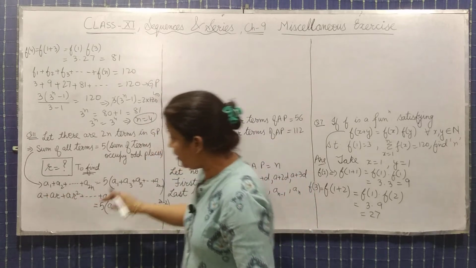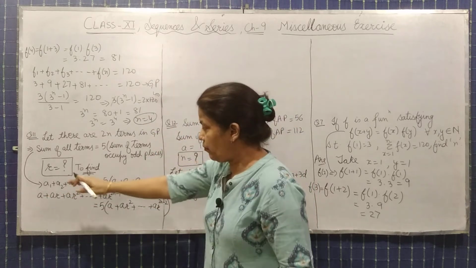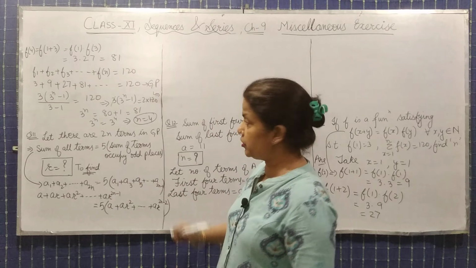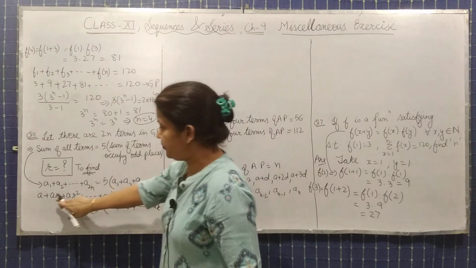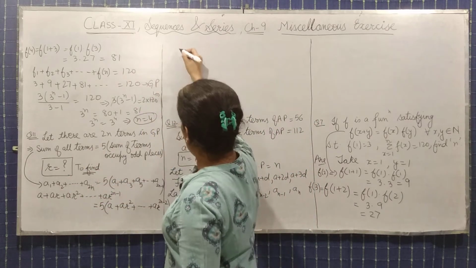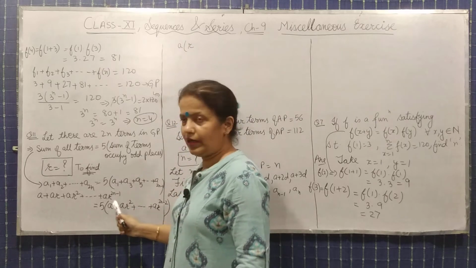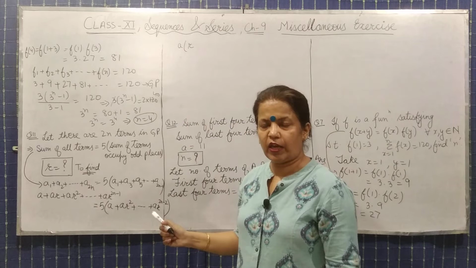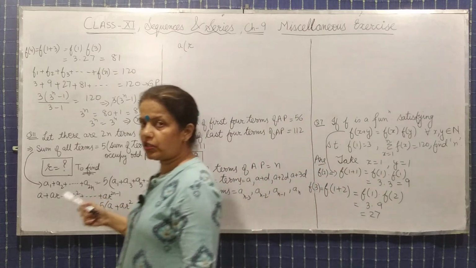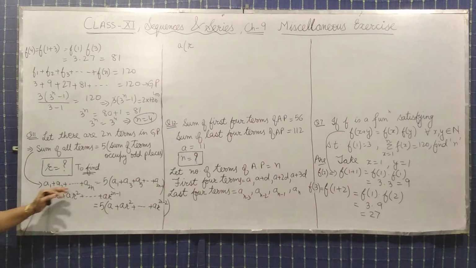This is a GP. So what it should be? Sum of even terms: a, first term, a, r, n की जगह क्या आएगा? Can you tell me what should be instead of n? नंबर ऑफ टर्म्स. n की जगह क्या आएगा आपका यहाँ पे?